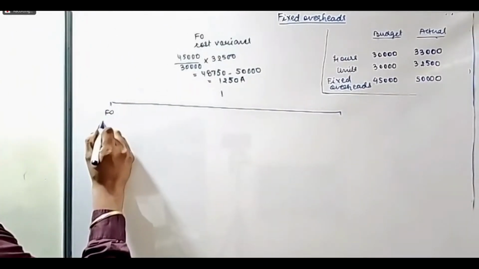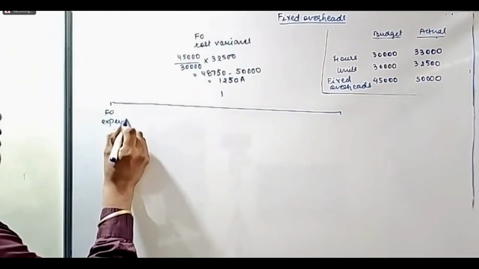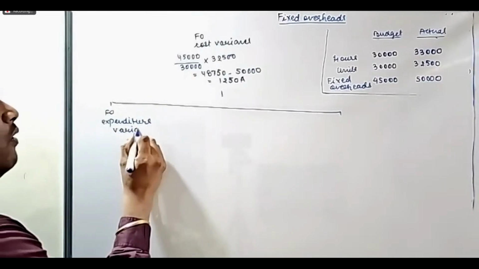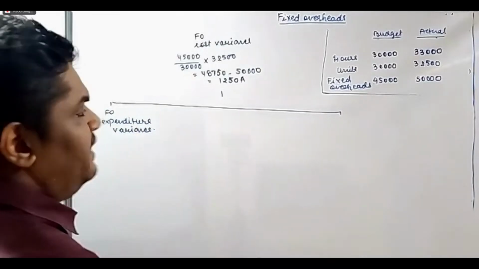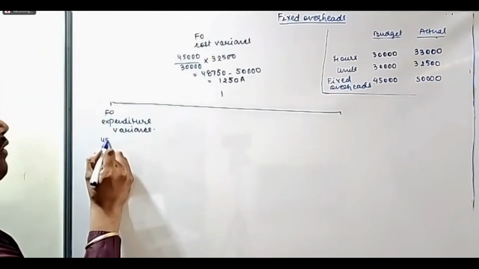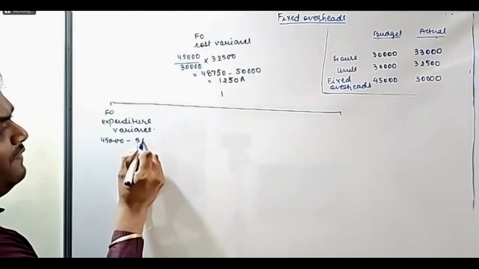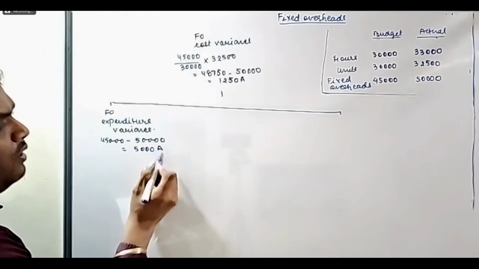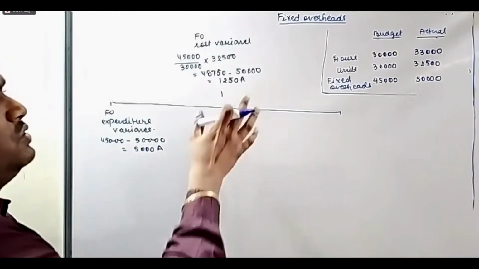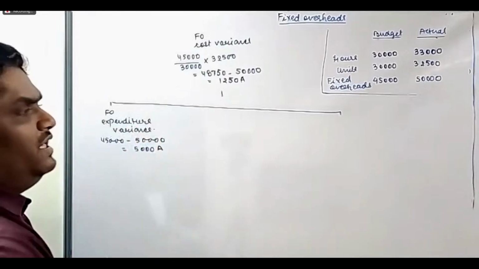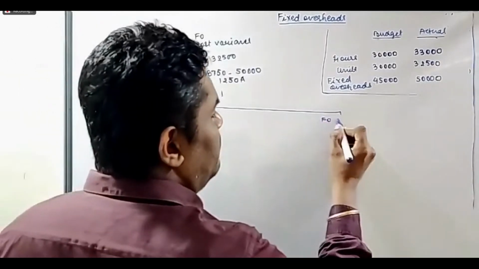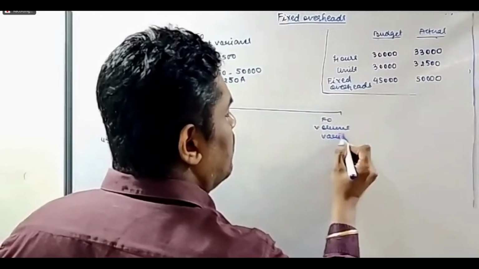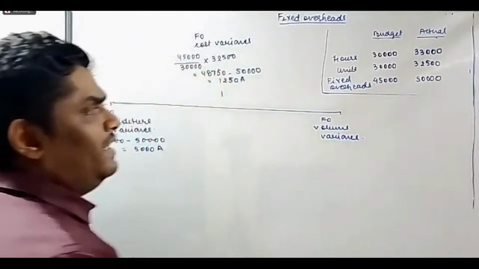When talking about expenditure variance, same again, no change, 45,000 minus 50,000. So it is 5,000 adverse. So cost variance, no change. Expenditure variance, no change. Again, volume variance also no change.